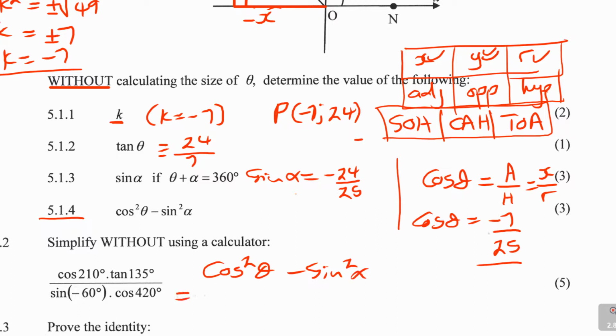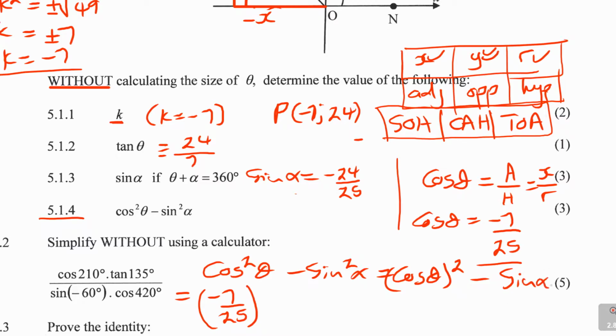what do I do? I take the values. Cos theta is negative 7 over 25, but don't forget that bracket because it's cos squared. If they say cos squared, it's the same as saying cos theta in brackets, squared, minus sine alpha.